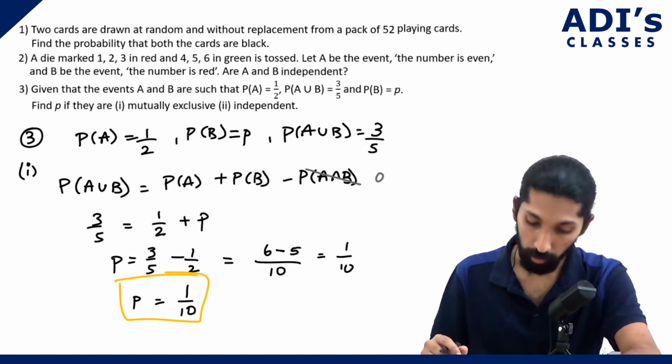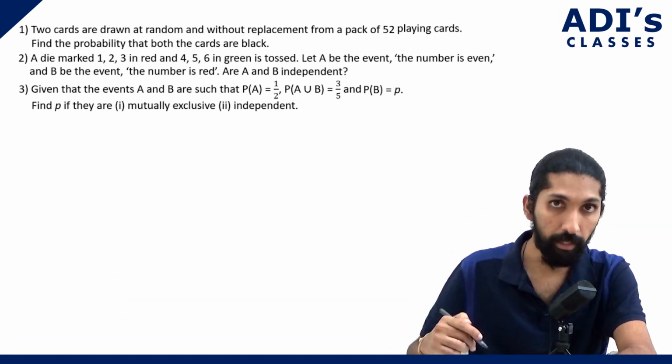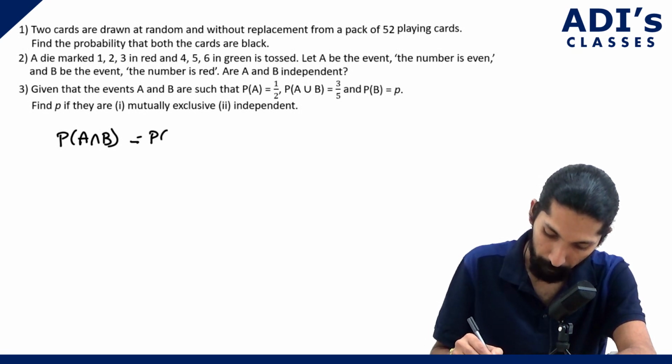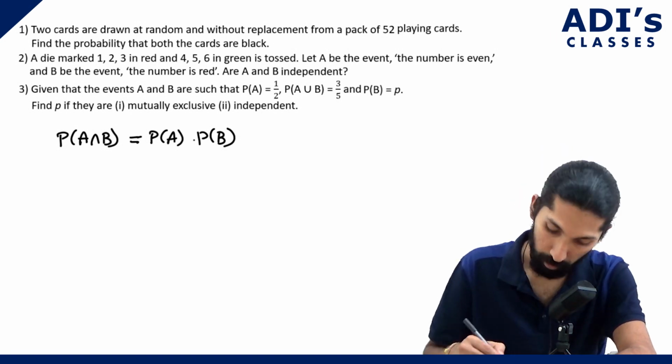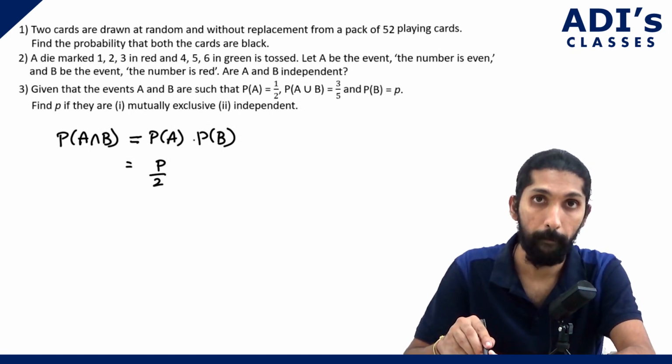Now, we'll do it for the independent events, right? For independent events, P of A intersection B is nothing but P of A into P of B, correct? This is what we have. So we can say that this is half into P, or we can directly say P by 2.